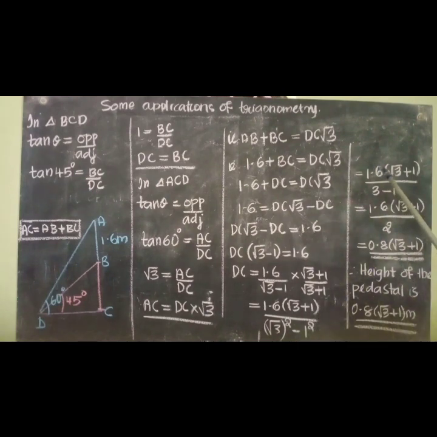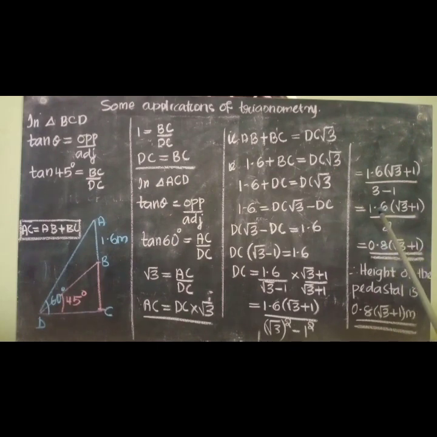That is equal to 1.6 into root 3 plus 1 whole divided by 3 minus 1. That is equal to 1.6 into root 3 plus 1 whole divided by 2.